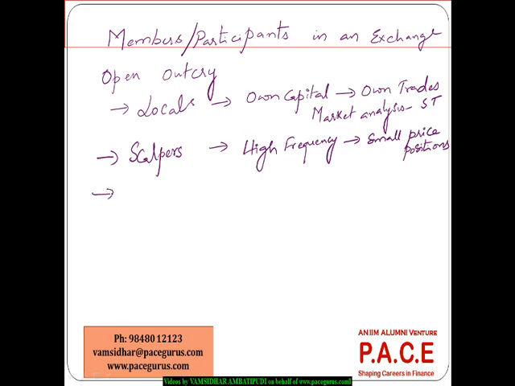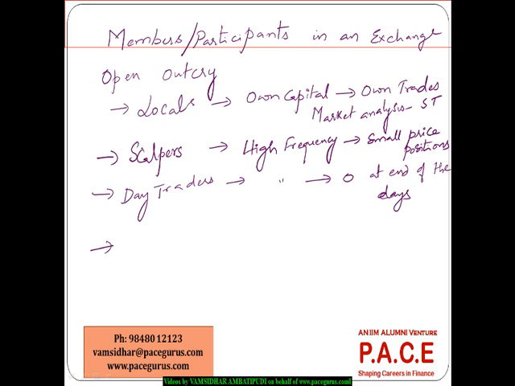Whereas slightly on the other side, we see day traders who again are also high frequency traders. They trade throughout the day, but they make their position zero at the end of the day. They close all the positions at the end of the day. They are classified as your day traders.